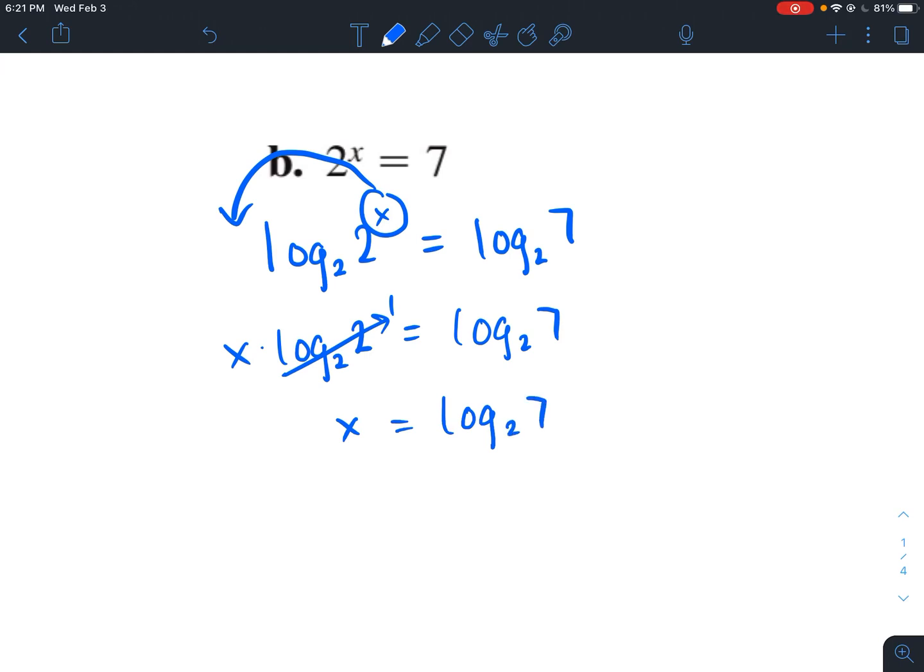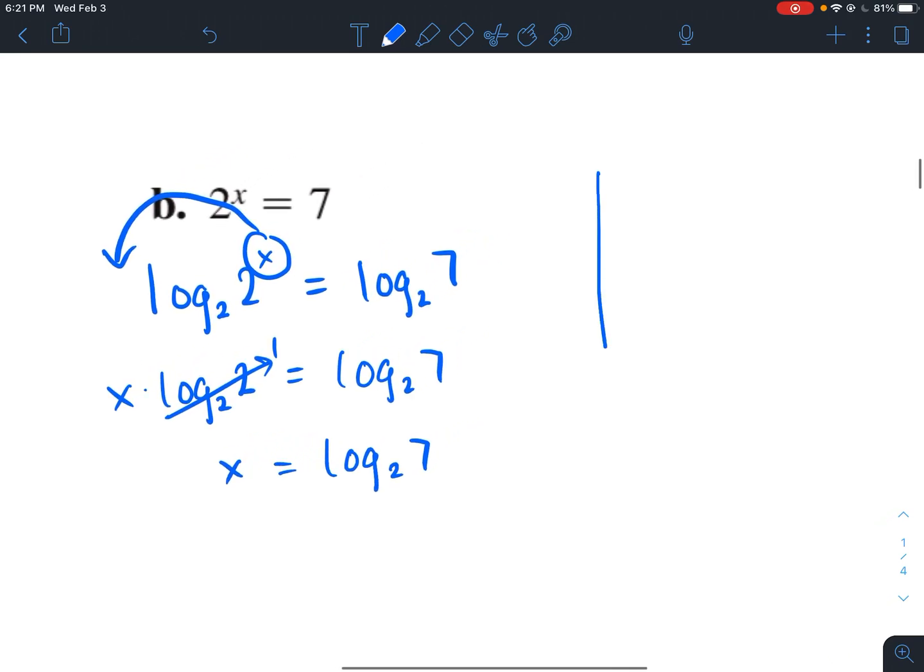So this is like the equivalent of if you had something like 2x is equal to 7. Knowing the inverse of this operation, since 2 is being multiplied by the x, I can divide by 2 on both sides.